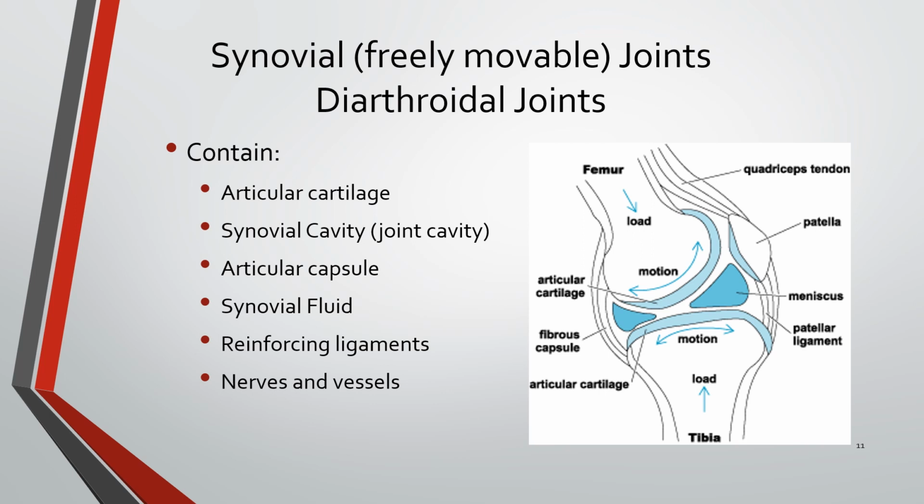Also, within a freely movable joint, we need to have reinforcing ligaments. So if this is the knee joint, there are really 4 different ligaments that are going to help to reinforce this particular joint. And basically, it prevents the joint from becoming dislocated, and it will limit the joint's ability to have movement in any plane.